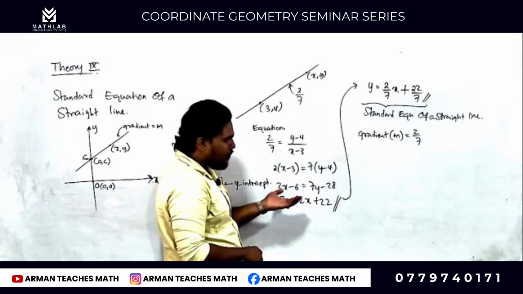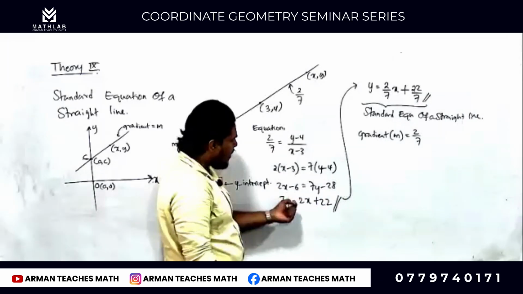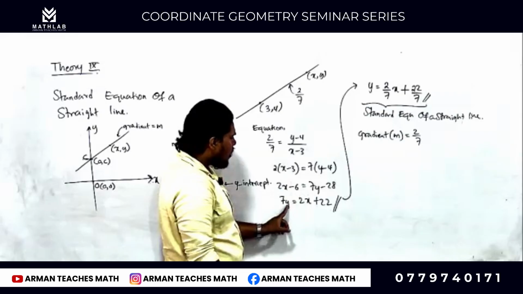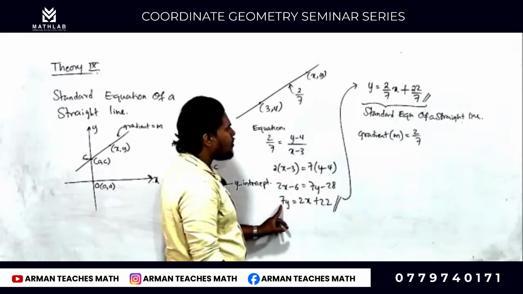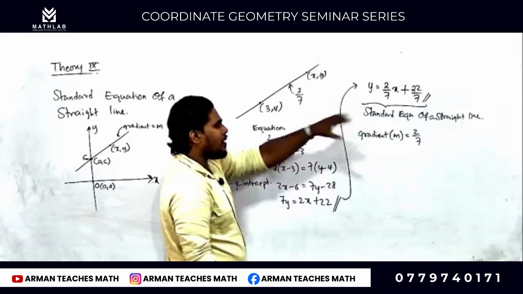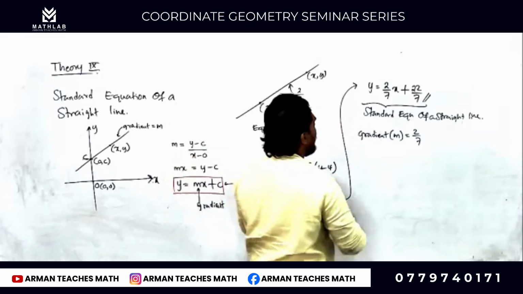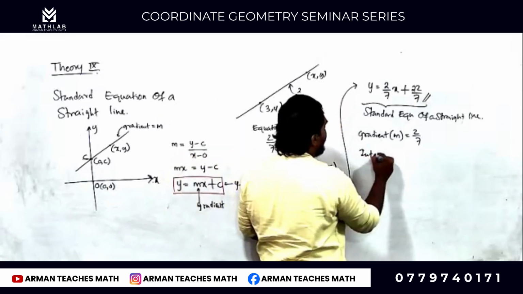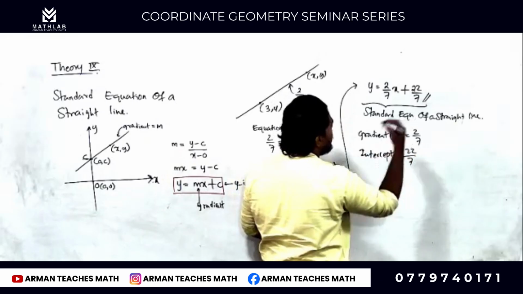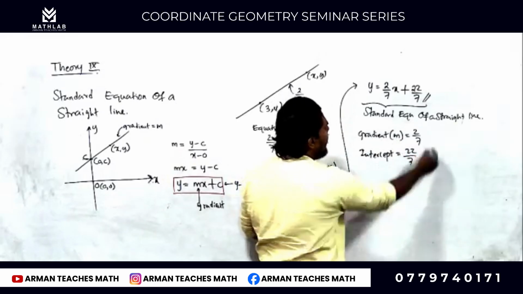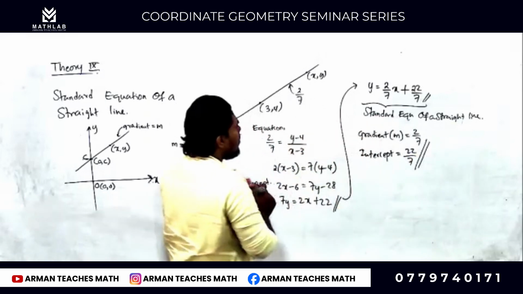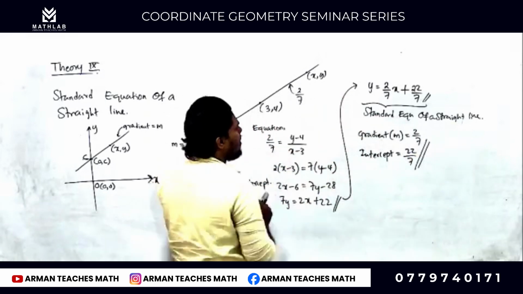When the equation of a straight line is in the standard form, then the coefficient of the x term is the gradient. What's the standard form? The coefficient of the y term should be +1. So the intercept is given by 22/7. This is one of the forms that we can present the standard form.